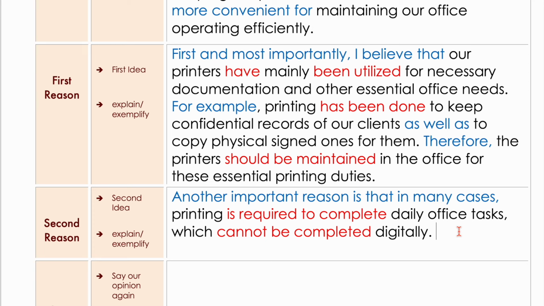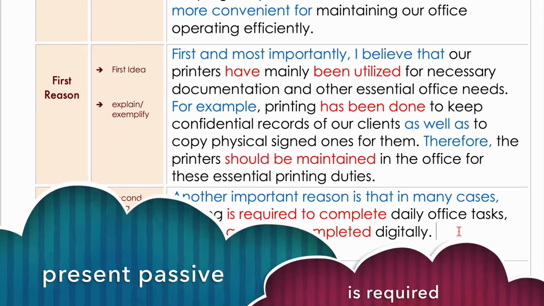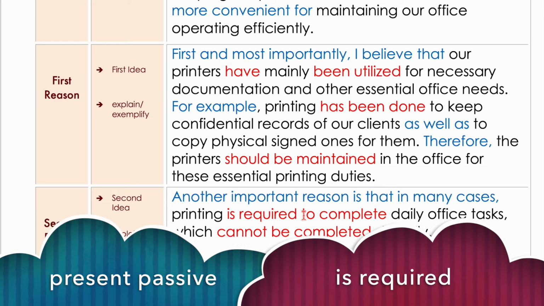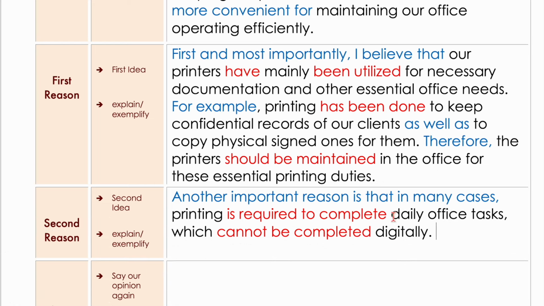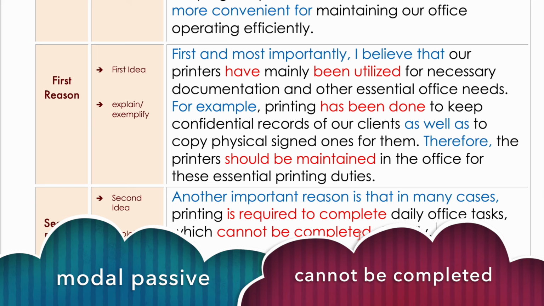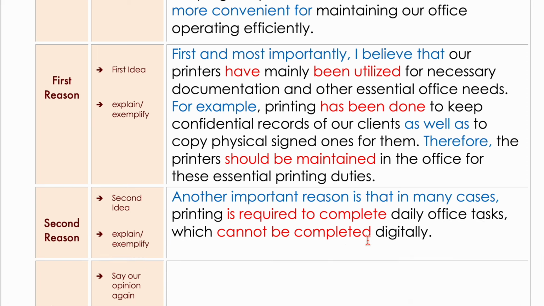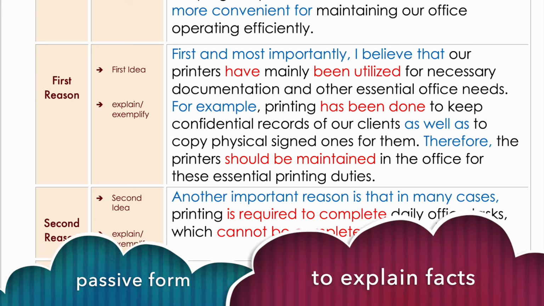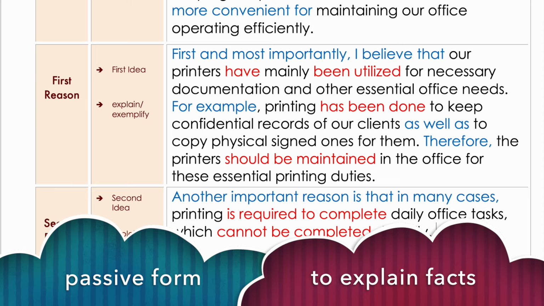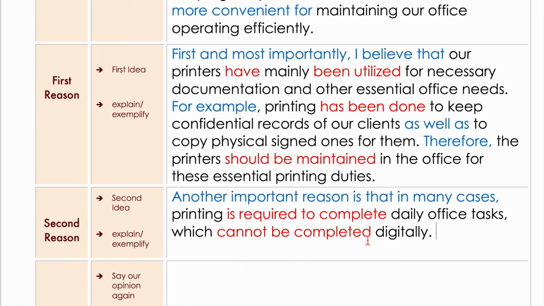Before we go there, again, we're using passive form. Printing is required, okay, which cannot be completed. Again, we're using passive, and the reason is, again, because we're trying to explain the facts or the information more than who is doing those actions, okay?